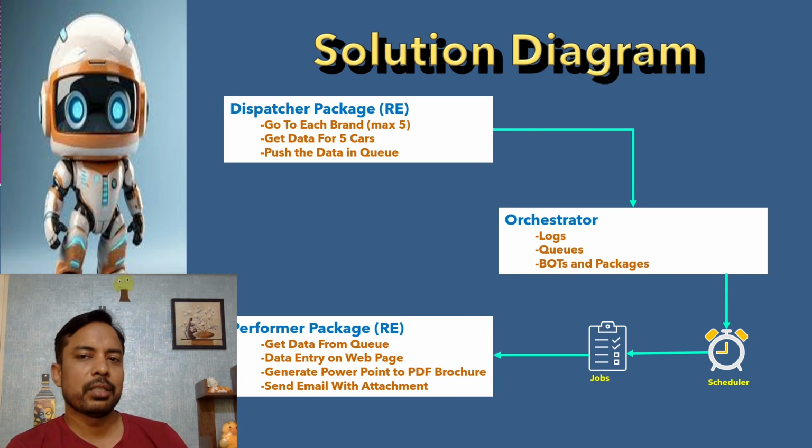You have just noticed that we are going to cover a lot on orchestrator. From orchestrator, we will have schedules and jobs, and these jobs will perform different tasks. The performer will be executed based on the scheduler. The performer will have 4 different UiPath workflows. See right now the names of those workflows, so you can make out what we are going to do in each UiPath workflow.